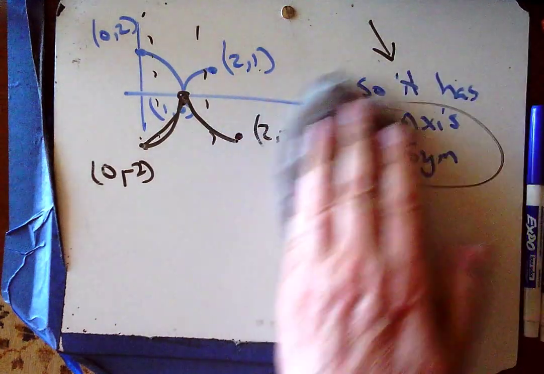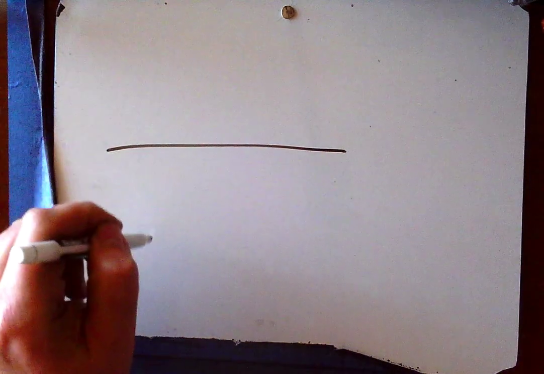Okie doke. Now let's talk about minimums, maximums, increasing and decreasing. I've got two problems here for you. Here's the first one.